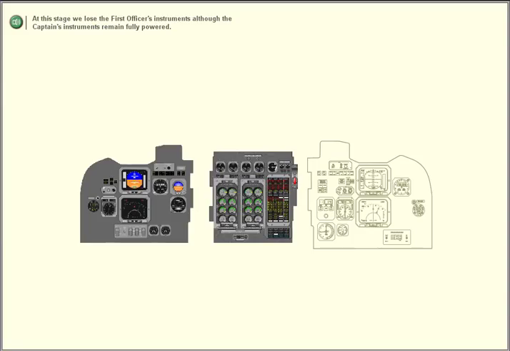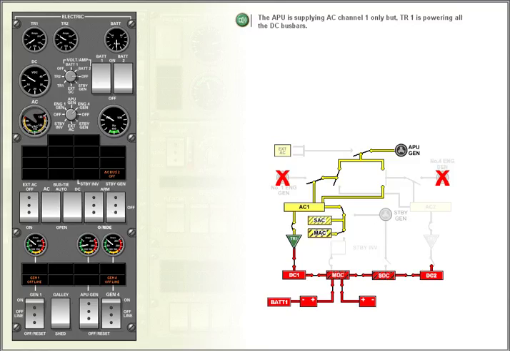At this stage, we lose the first officer's instruments, although the captain's instruments remain fully powered. The APU is supplying AC channel 1 only, but TR1 is powering all the DC busbars.